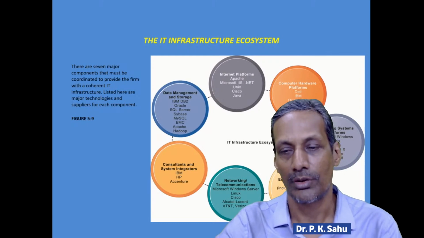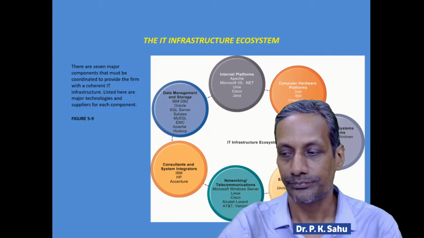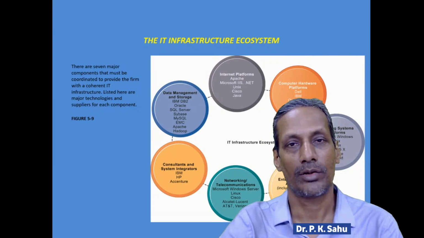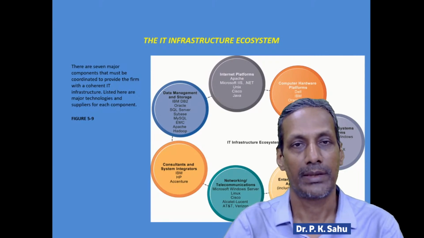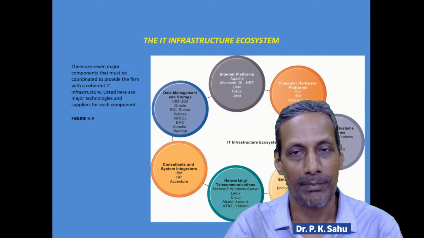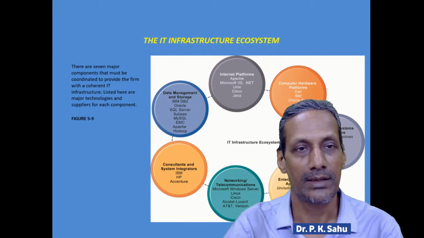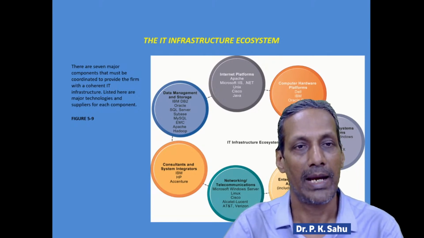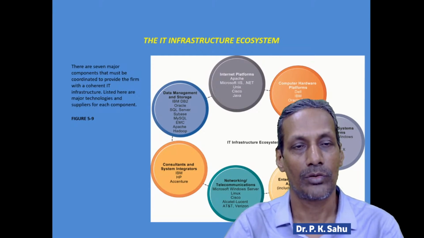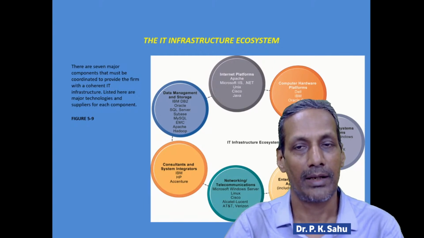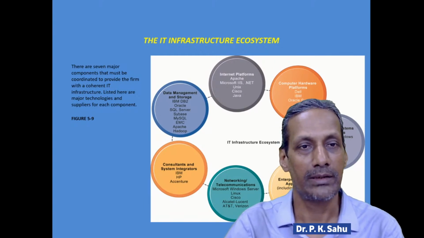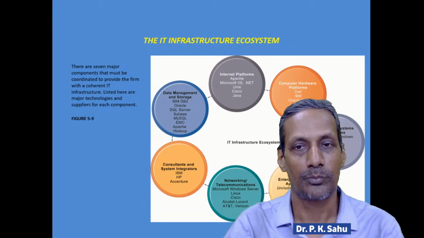This basically shows the components, the ecosystem of today's IT infrastructure in every organization. They need to focus on managing or maintaining these 7 major components. And these 7 components must provide coordination. They need to be combined together, coordinated together to provide the firm with a coherent IT infrastructure.